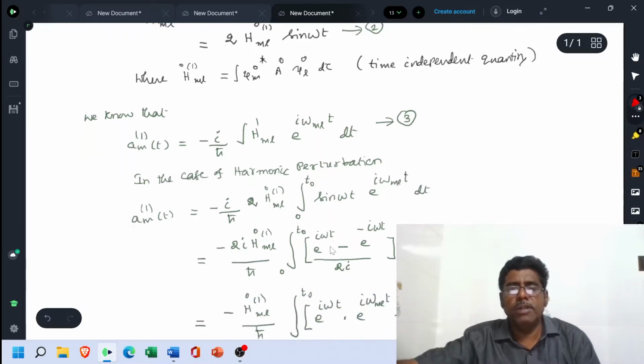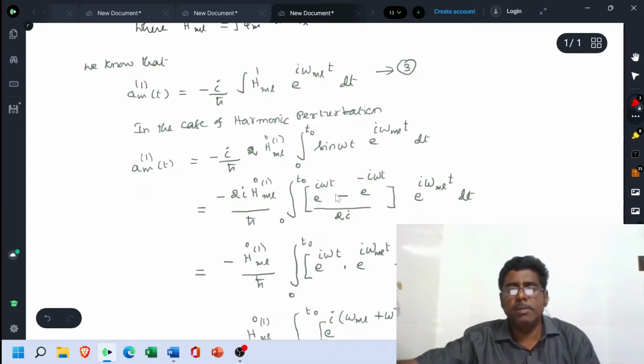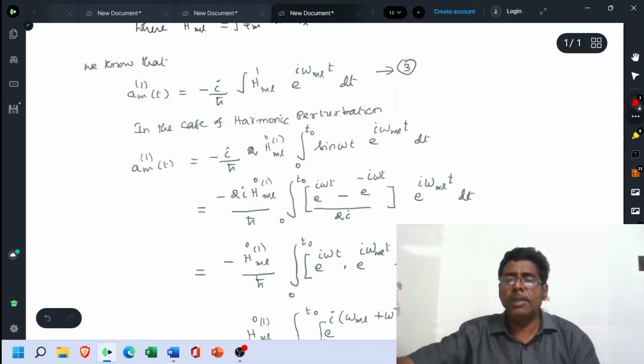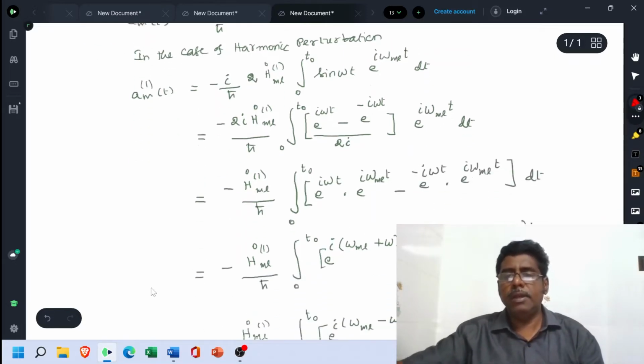Instead of sin omega t, we can substitute e power i omega t minus e power minus i omega t by 2i. Then the 2i gets cancelled. We get minus H0 1 of ml divided by h cross, then multiply e power i omega t into e power i omega ml t, minus e power minus i omega t into e power i omega ml t, the entire expression multiplied by dt.